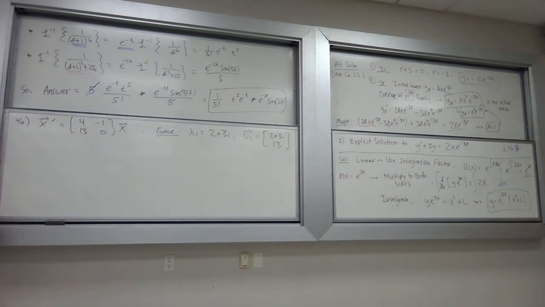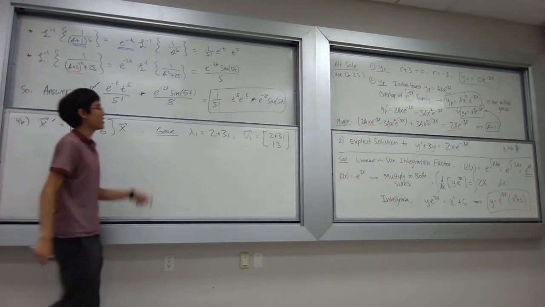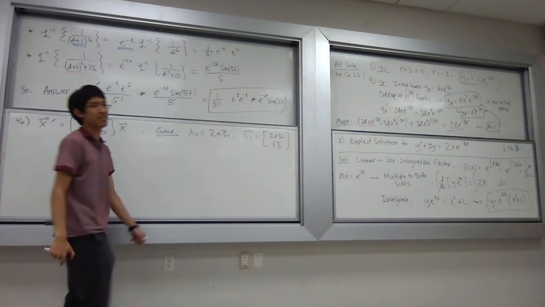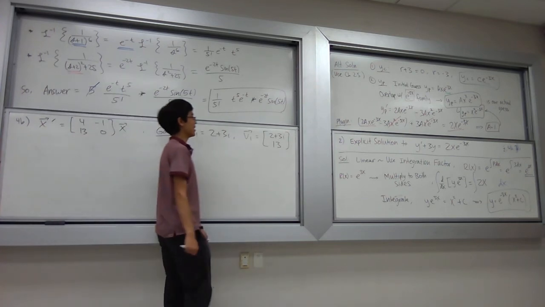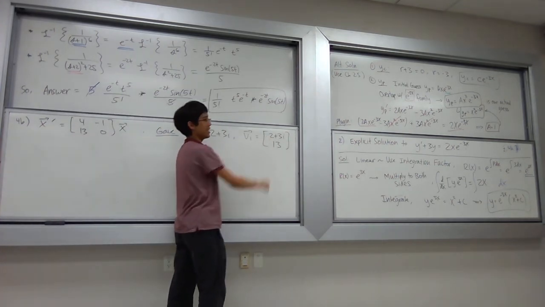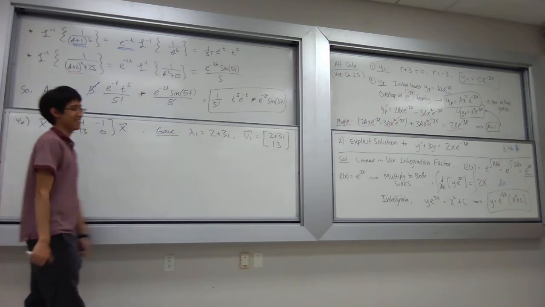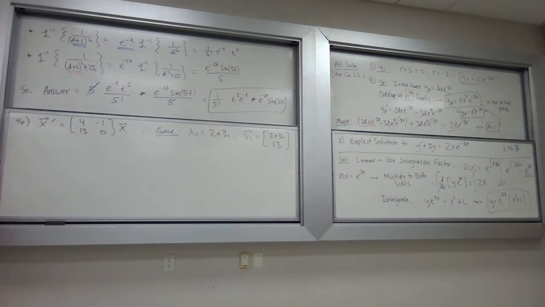If you didn't use this hint, your eigenvector might look different, but it's because it's multiplied by a complex number. I think I saw someone get 1 and 2 minus 3i instead. That's actually the same eigenvector, just a complex multiple.